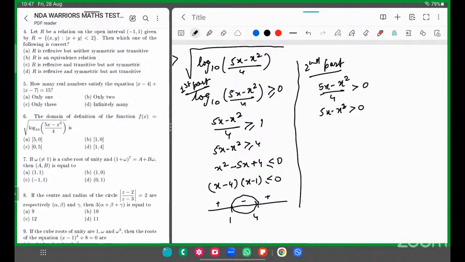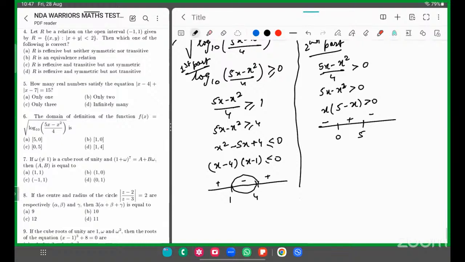If you take x common here, you are going to get x into 5 minus x greater than 0. Put a number line here. You will be getting 0 and 5. Then you put minus, plus, minus. We want positive numbers. Okay, here it is. This value we are getting is 0 to 5.